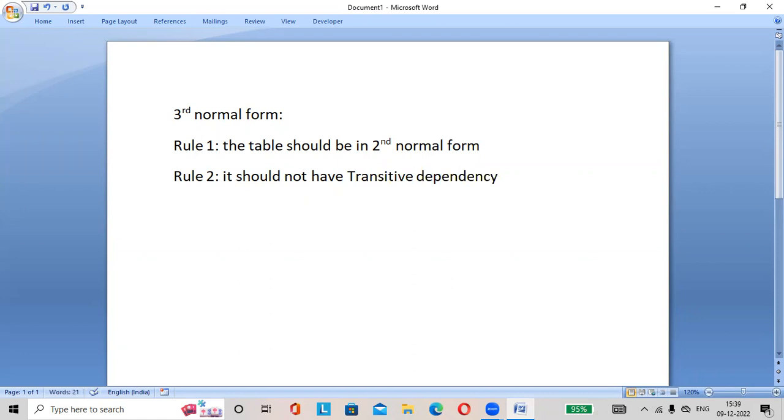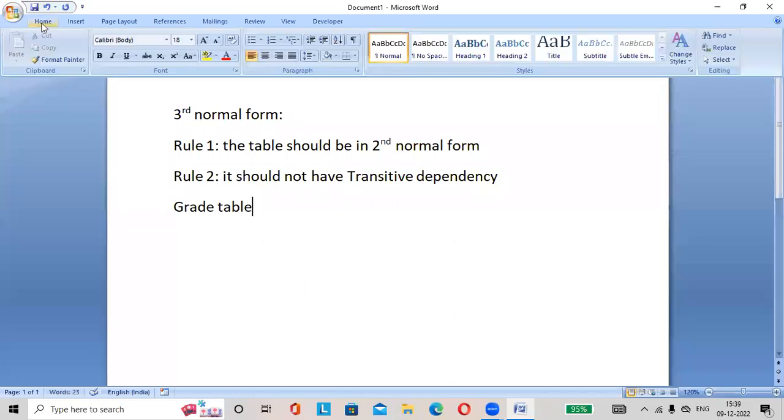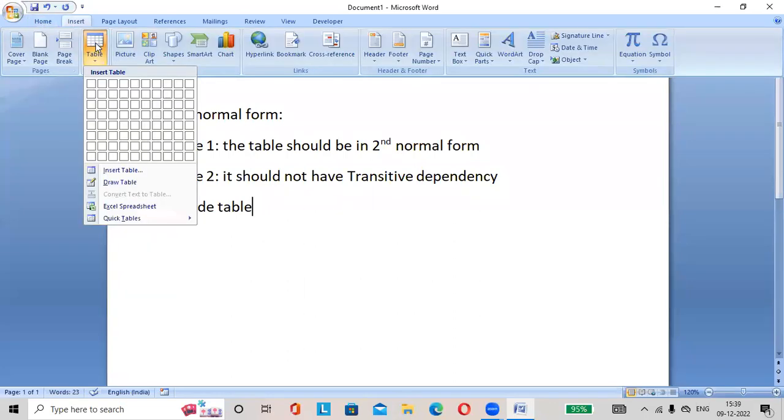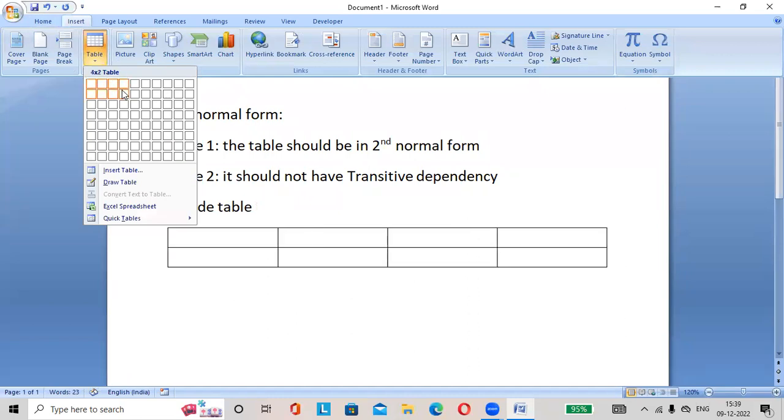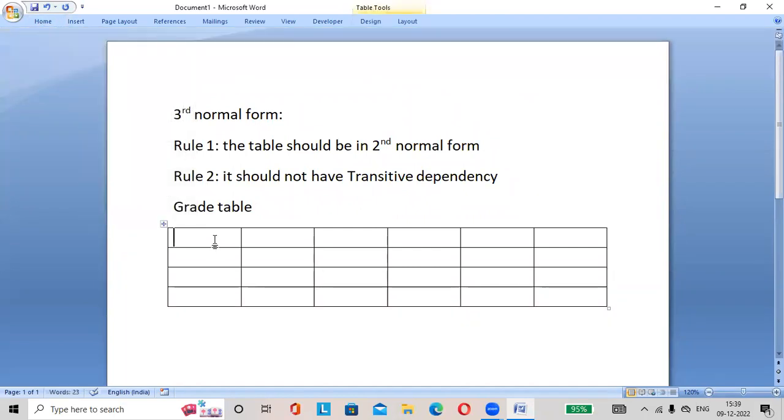third normal form. First, we will create one table, the grade table. Grade ID, student ID, course ID, then marks.